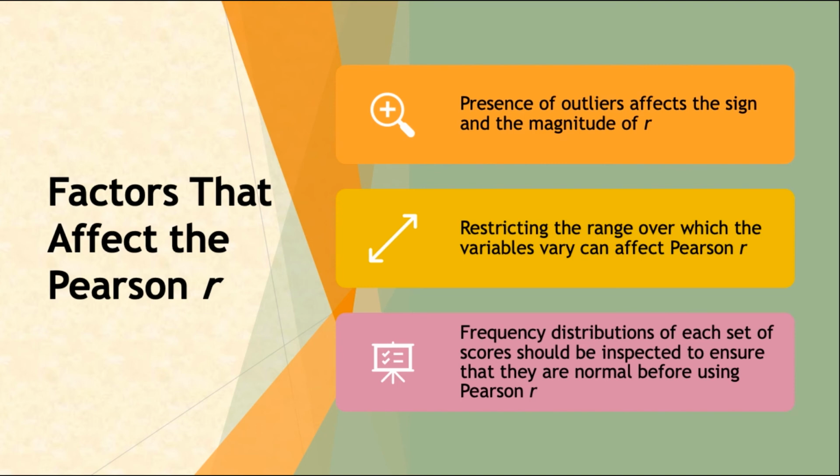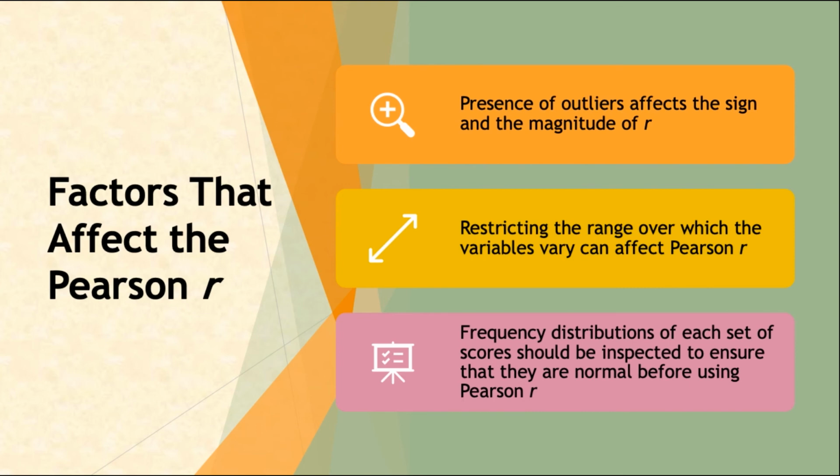Consequently, the standard deviation will not accurately reflect the variability of the distribution, and the correlation coefficient will not provide an accurate index of the relationship between your two sets of scores. Hence, you should inspect the frequency distribution of each set of scores to ensure that they are normal or nearly normal before using a Pearson R.